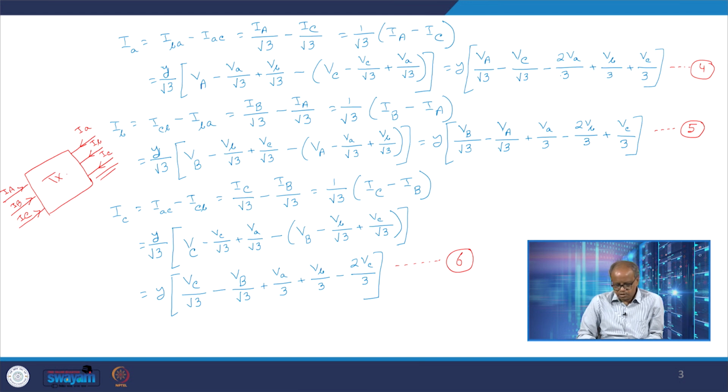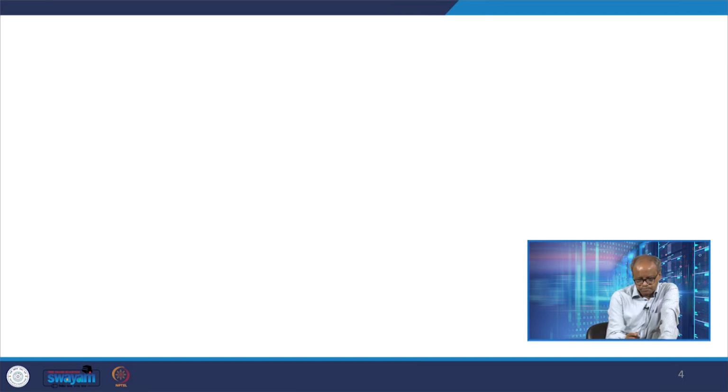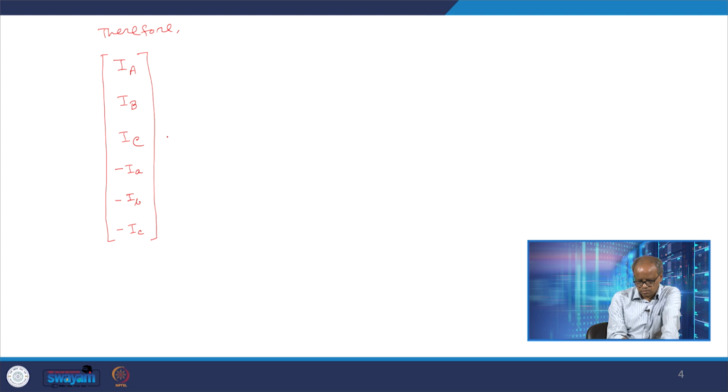So our model would be I capital A, I capital B, I capital C and minus I small a, because I would like to have the currents in the negative direction, minus I small b, minus I small c.